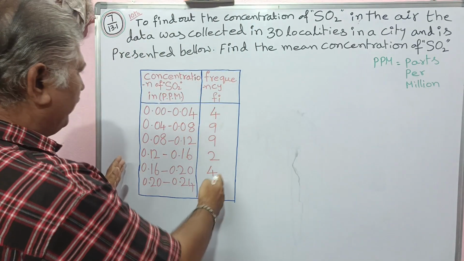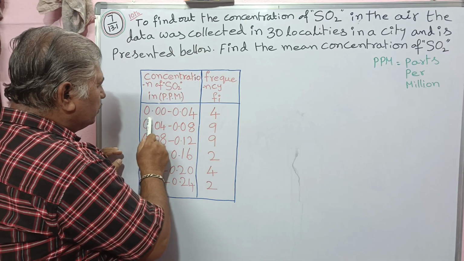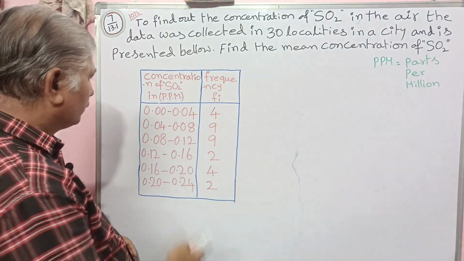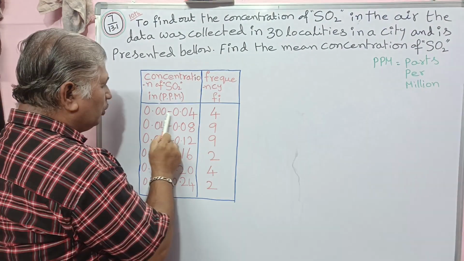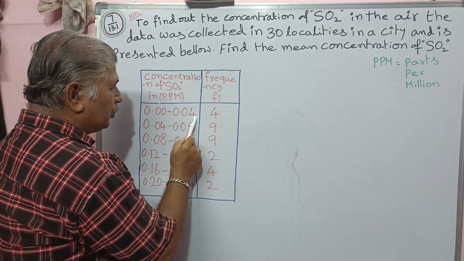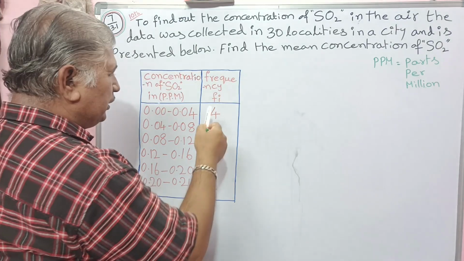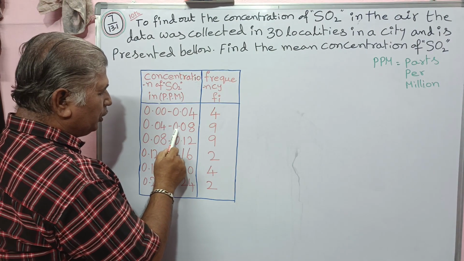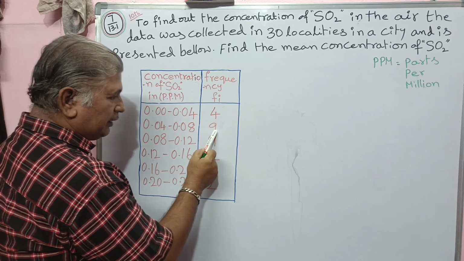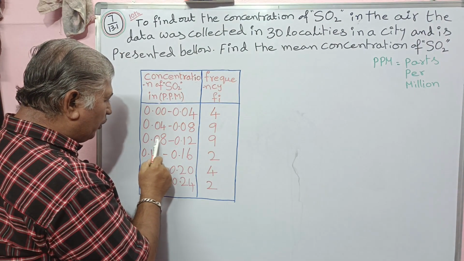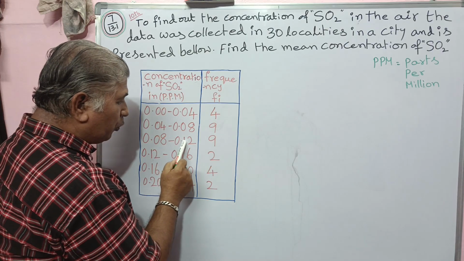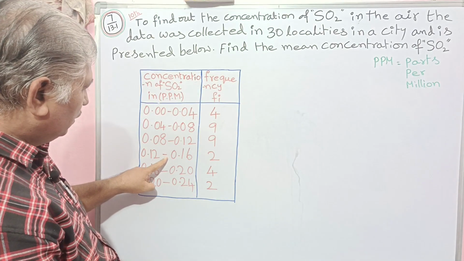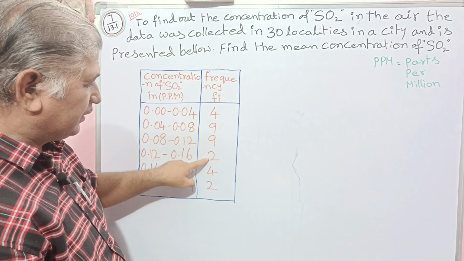He has given the data. 0 to 0.04, its frequency is 4. 0.04 to 0.08, its frequency is 9. 0.08 to 0.12, its frequency is also 9. 0.12 to 0.16, its frequency is 2.